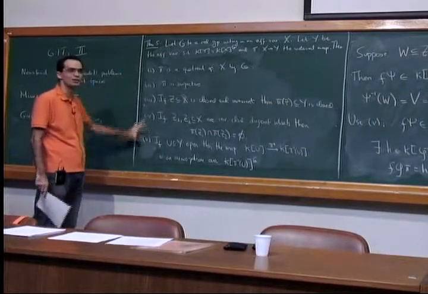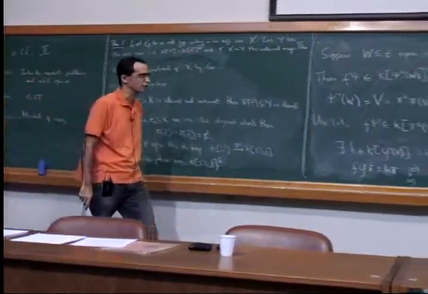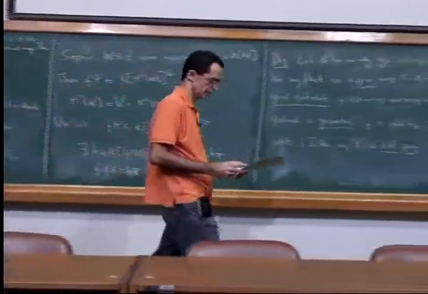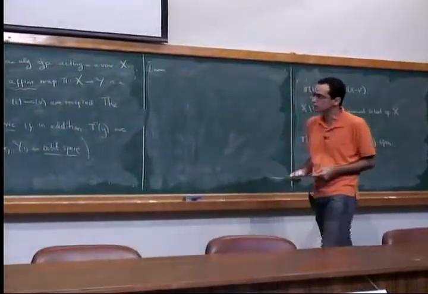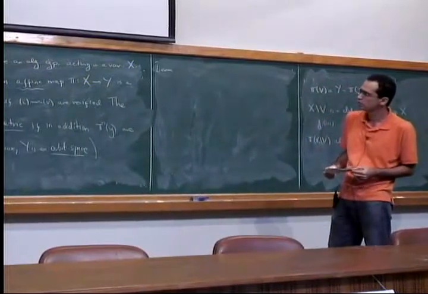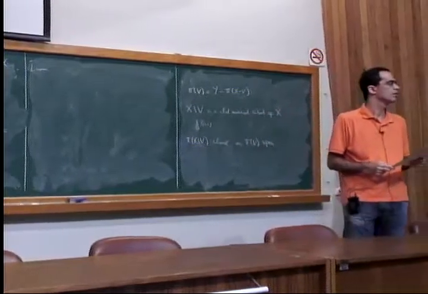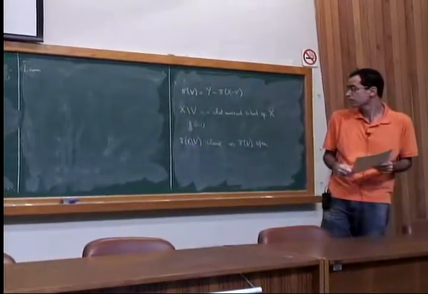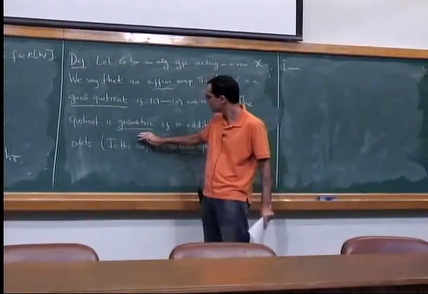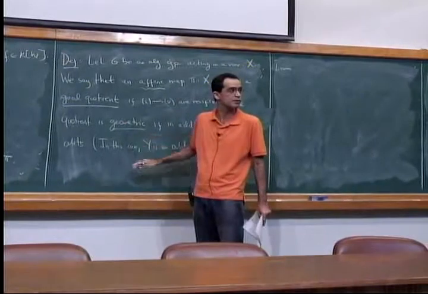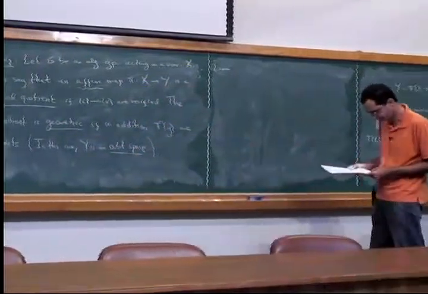You still need all these conditions to have a good quotient, and then just the fact that the orbits are closed, you get that. We don't want to leave this abstract here. We're going to see conditions where the quotient is geometric, and that's exactly when the orbits are closed.